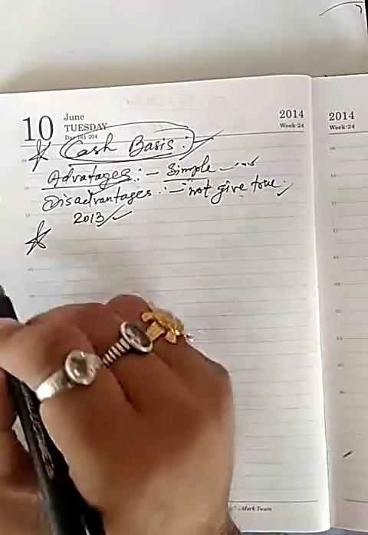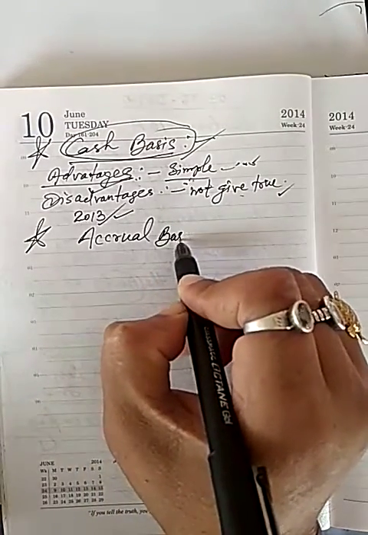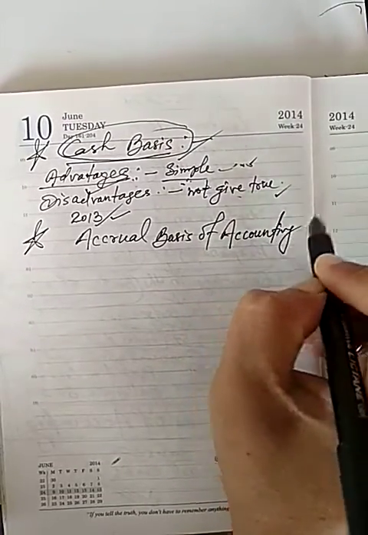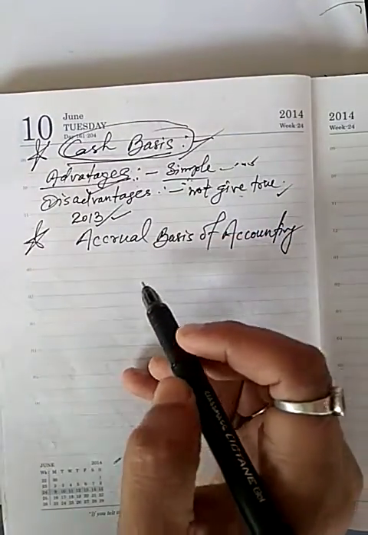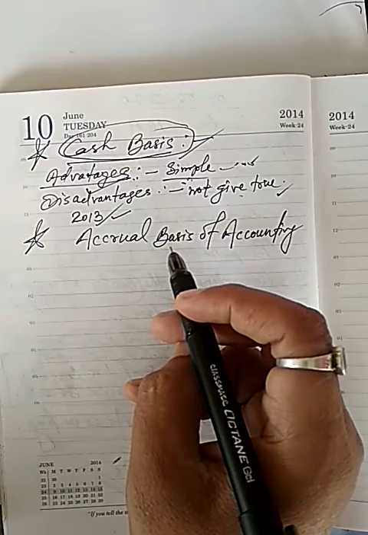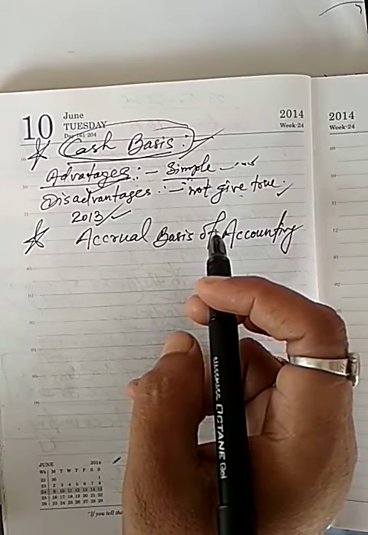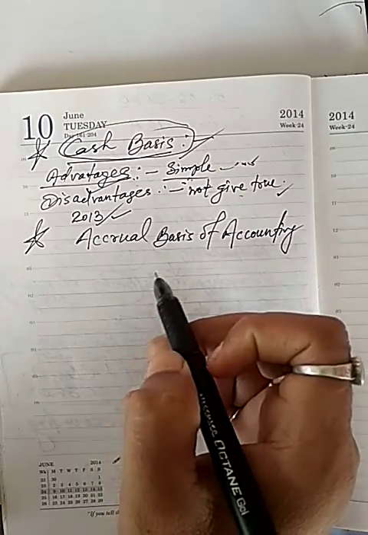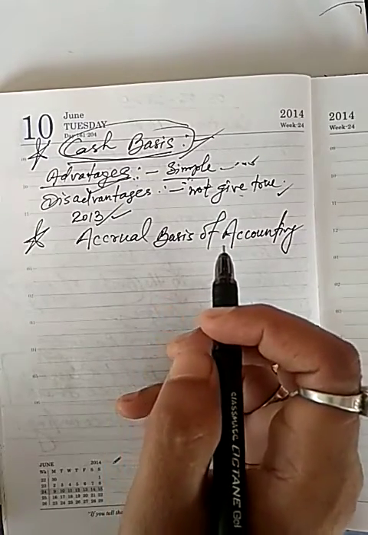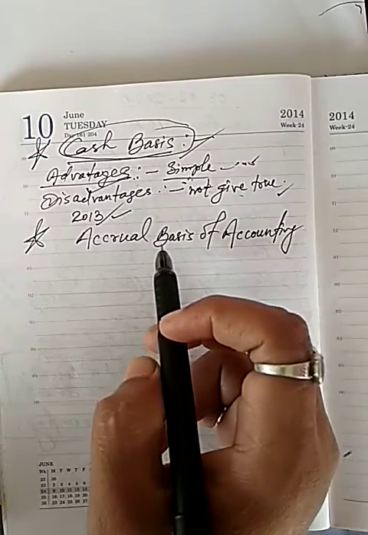Now, accrual basis of accounting. Accrual basis of accounting is such a type of accounting in which incomes are recorded when they are earned or accrued, irrespective of whether cash is received or not.